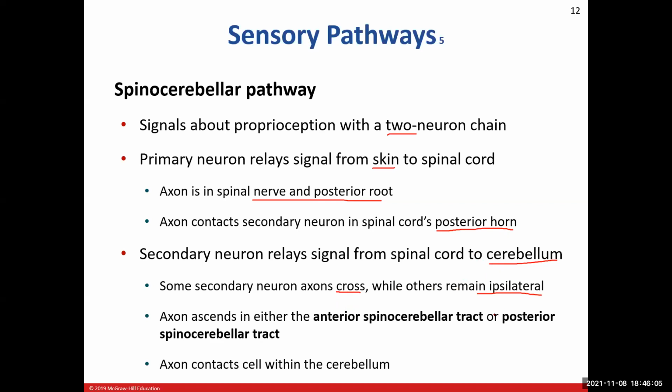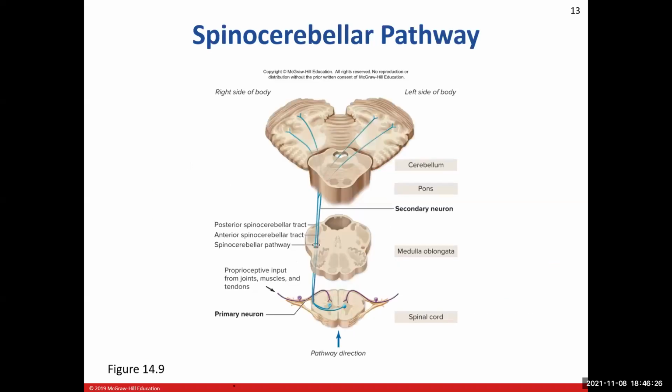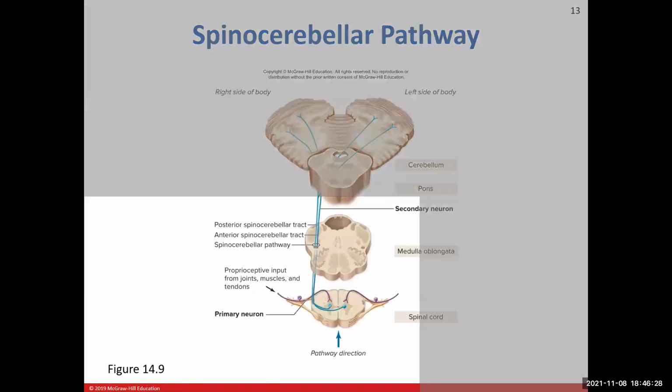So we have two spinal cerebellar pathways. We have an anterior spinal cerebellar pathway and a posterior spinal cerebellar pathway. Point is, the secondary neuron will always end up in the cerebellum. It just depends if it's going to stay on the ipsilateral side or the contralateral side. So that's what we're seeing here in this drawing.